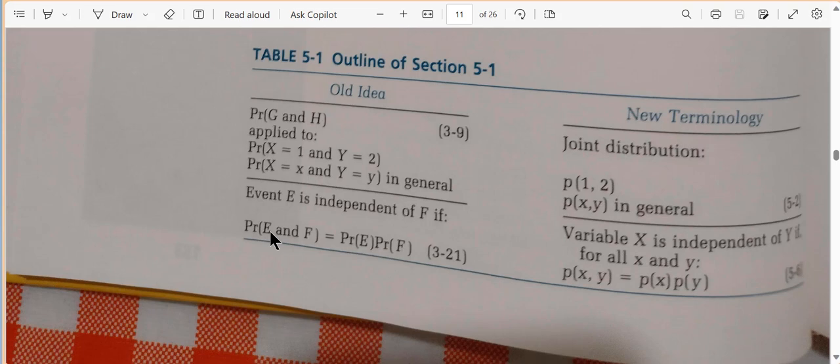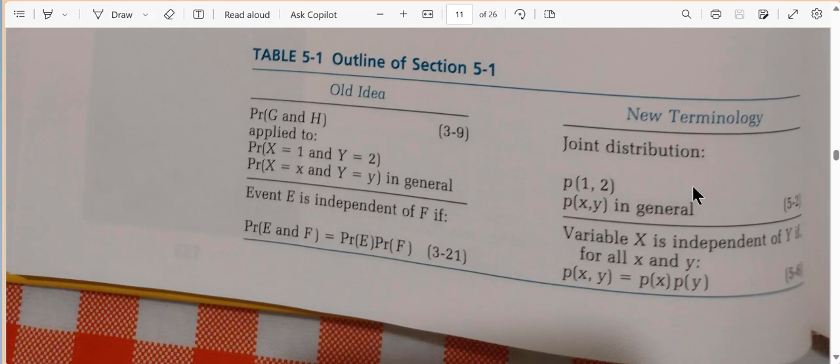And what does it mean? So it means that for all x and y, p of x comma y is equal to p of x times p of y. So remember, like here, that would mean that, for example, the probability of X equals 1 and Y equals 2 is written like this, equals the probability of 1 times the probability of 2.